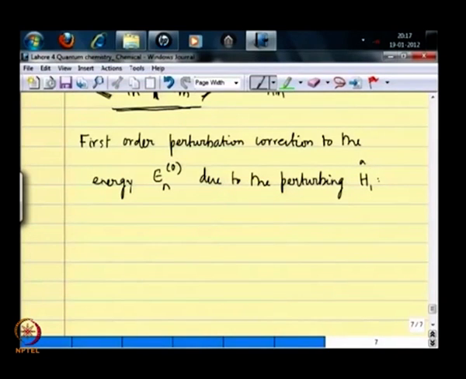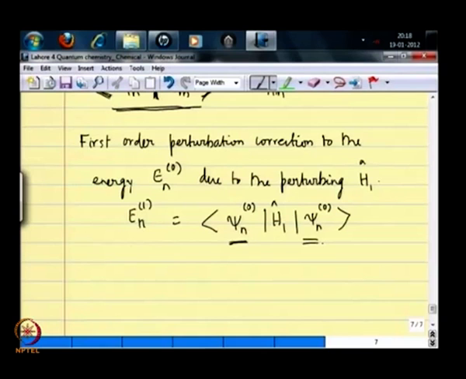We know the formal expression for the first order correction En1 is given by the matrix element of the perturbing Hamiltonian between the corresponding eigenfunctions of the zeroth order Hamiltonian. Therefore, it is a simple integral to calculate.